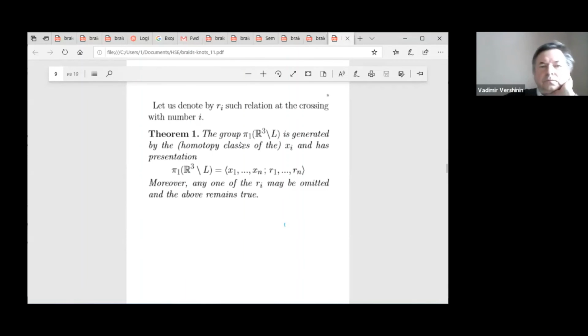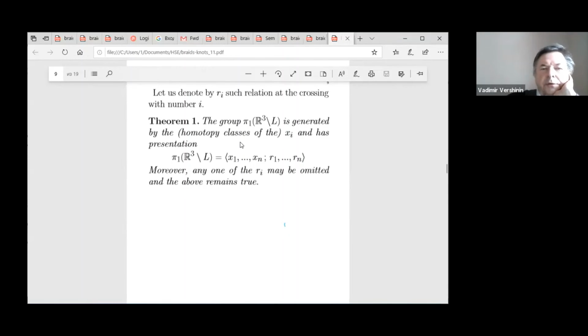Then we have the following presentation, exactly in the sense that we discussed: the group is generated by the xi and has n relations corresponding to each crossing.